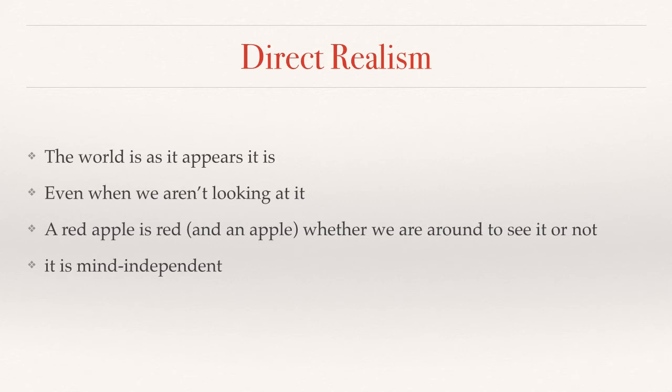It would still be spherical, in exactly the same way. It'd still be an apple, exactly the same way. The entirety of the thing that you contact in your experience is indifferent to you, or whether you're paying attention to it or perceiving it or interacting with it in any way.